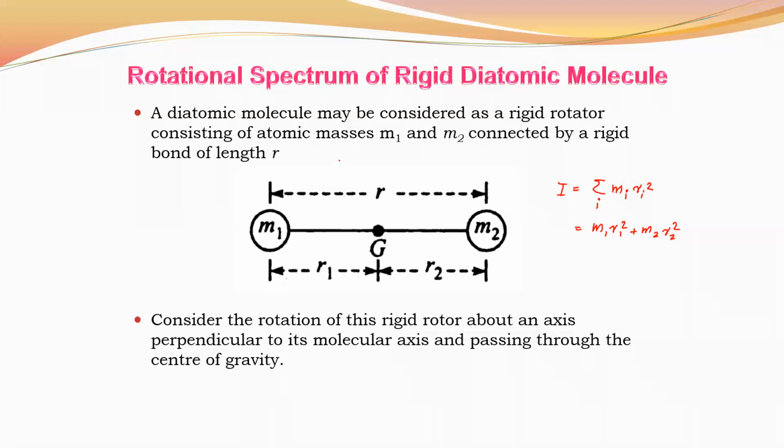So we write m1 r1 must be equal to m2 r2. And the bond length r is equal to r1 plus r2.